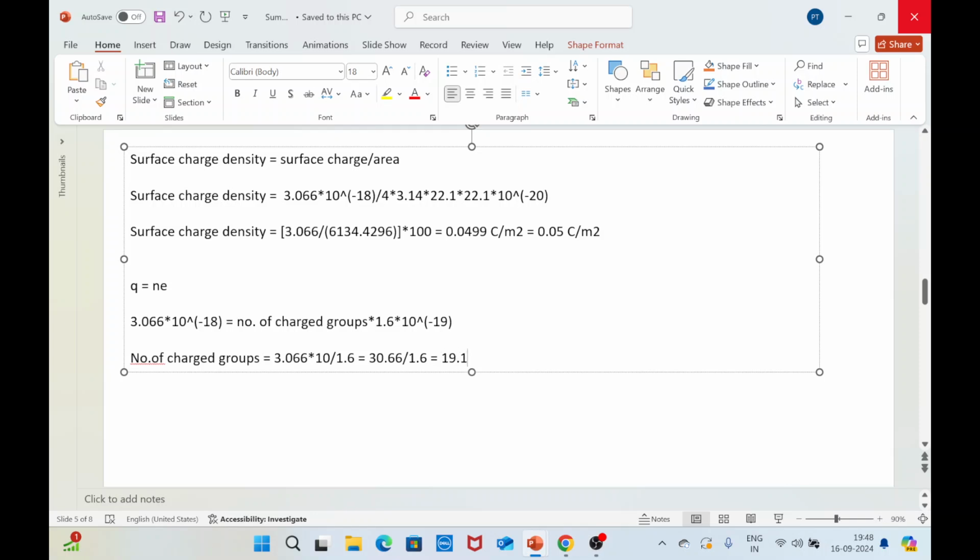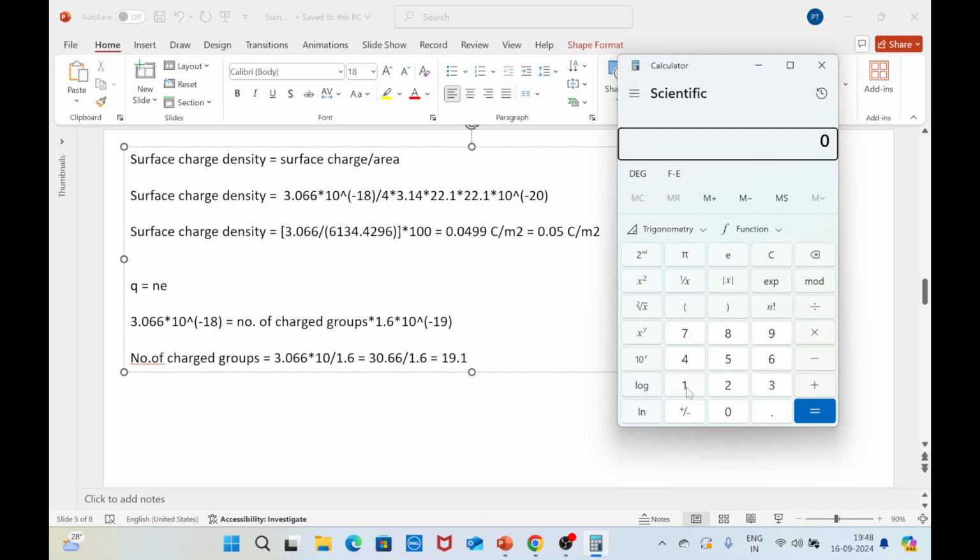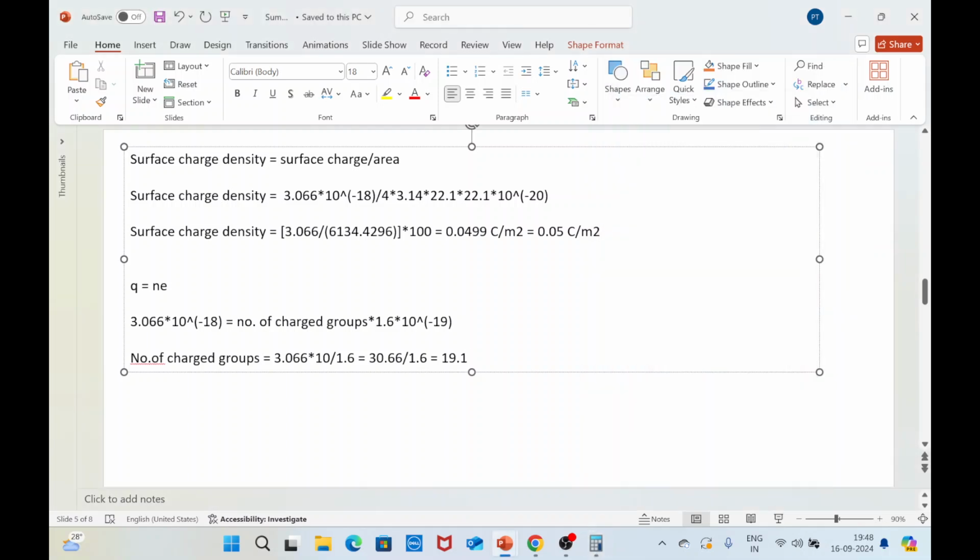Yes, 19.19, I believe. Just flip. Oh, it's 30.66 by 1.6. 19.16.